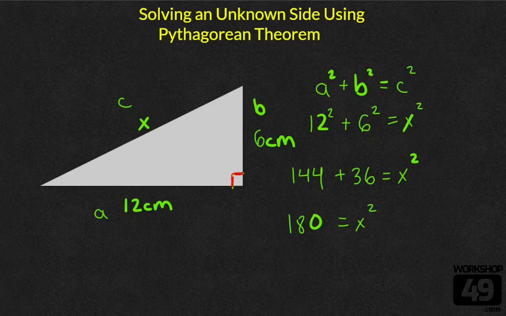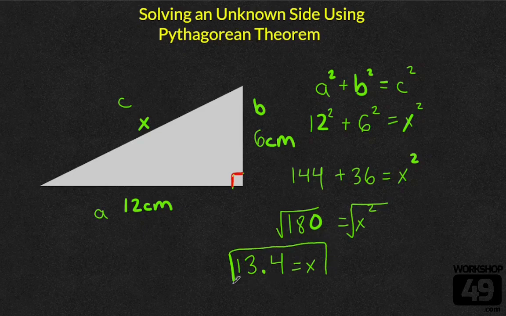Now, if your experience up until this point has just been solving for x, you might feel a little stuck with this x squared. But when you get to the end and it's some number equals x squared, that's our goal here, was to get this equal to x squared, because now we can take the square root of both sides, and when you take the square root of 180, it's 13.4, and I'm just rounding to the nearest tenth, and that square root undoes our square, equals x.